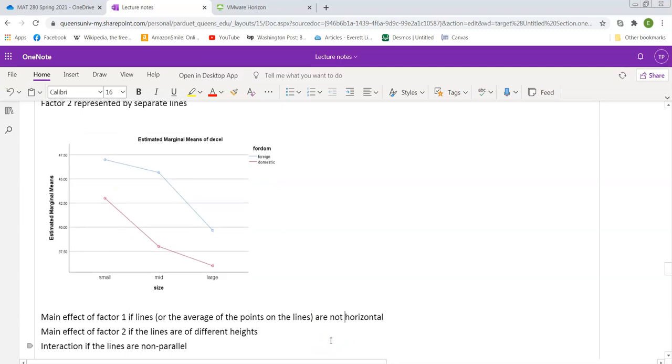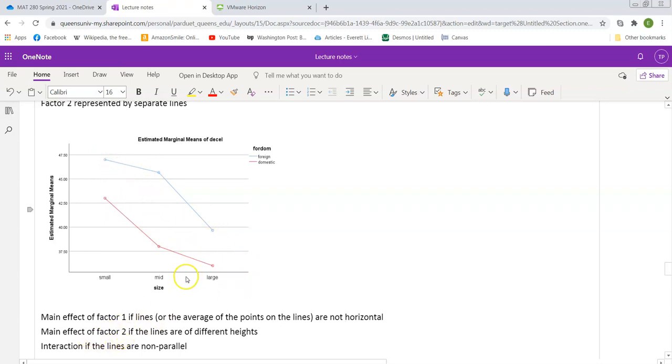Okay, so in this case, our lines are not horizontal, which means that we've got less deceleration in the large cars than in the small cars. Which I guess makes sense, that the small cars would stop a lot harder than the large ones, which might absorb a lot of the pressure there. So it looks like, based on this, that we're probably going to have a main effect of the first factor.